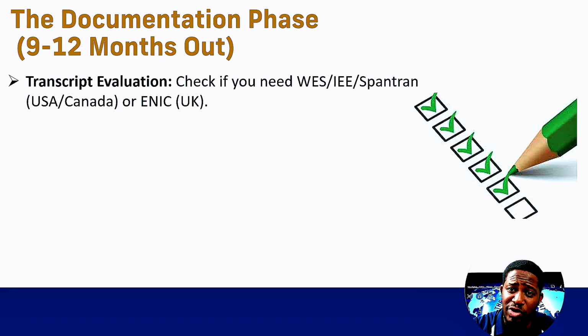Number one, transcript evaluation. It is not within your scope. It is within an agency that is going to evaluate that transcript for you. What is transcript evaluation, or academic records evaluation, or professional evaluation?